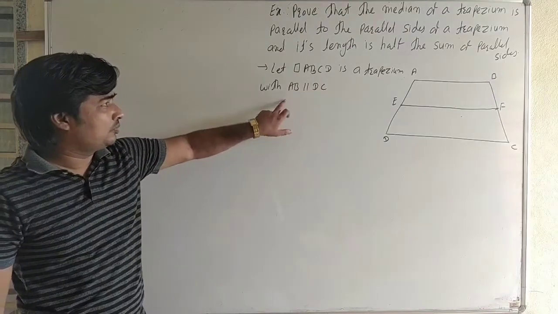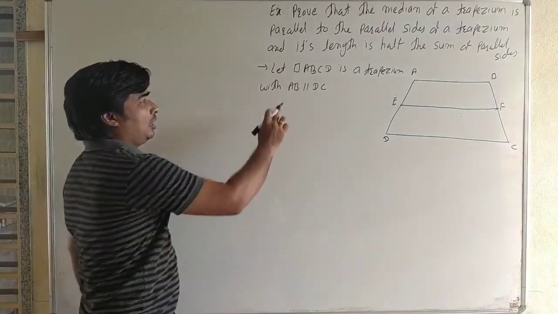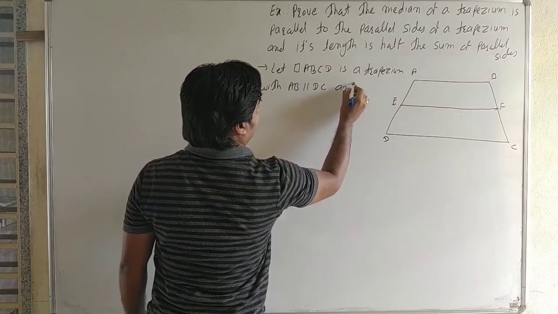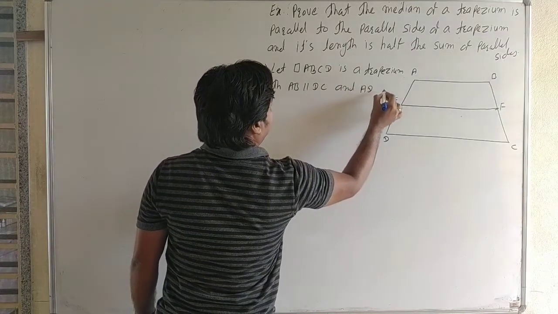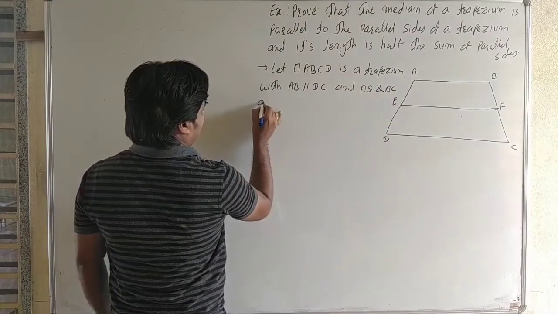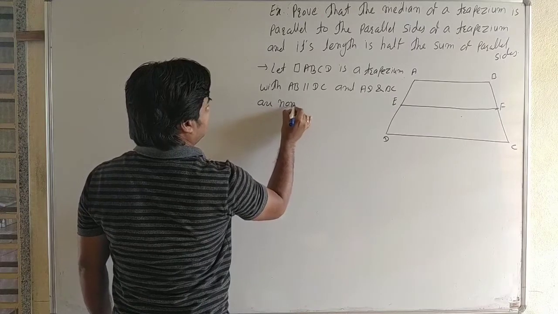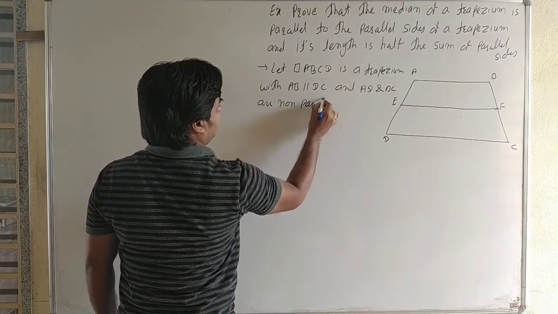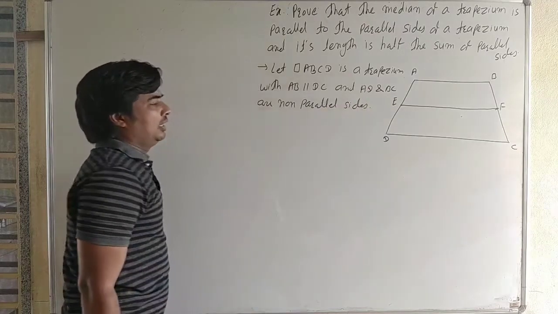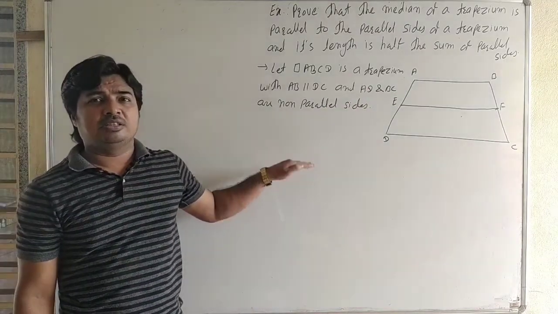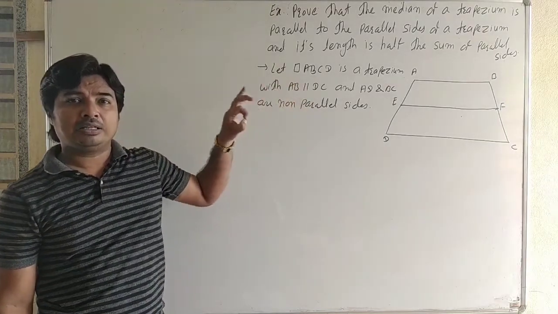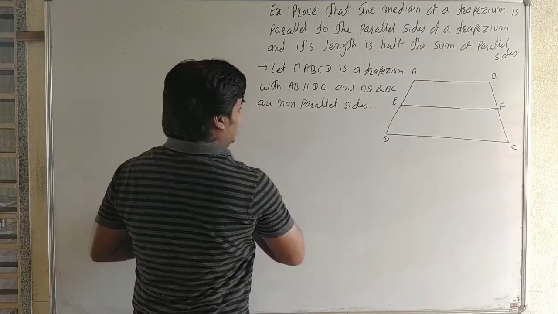Here the opposite sides AB and DC are parallel, and AD and BC are the non-parallel sides. The median of a trapezium is the line segment joining the midpoints of the non-parallel sides. That is EF.